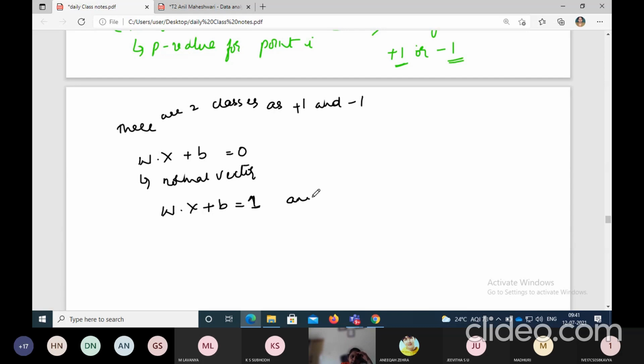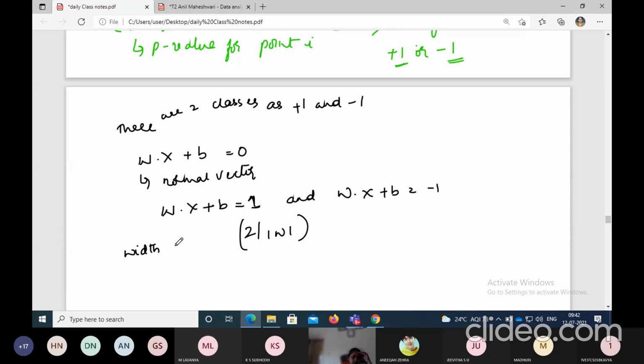And one more equation, W dot x plus b is equal to -1. Okay. So the width of the hard margin is 2 divided by modulus of W.